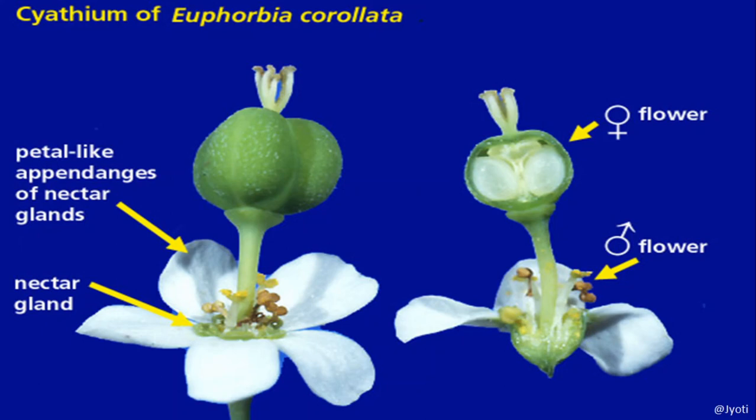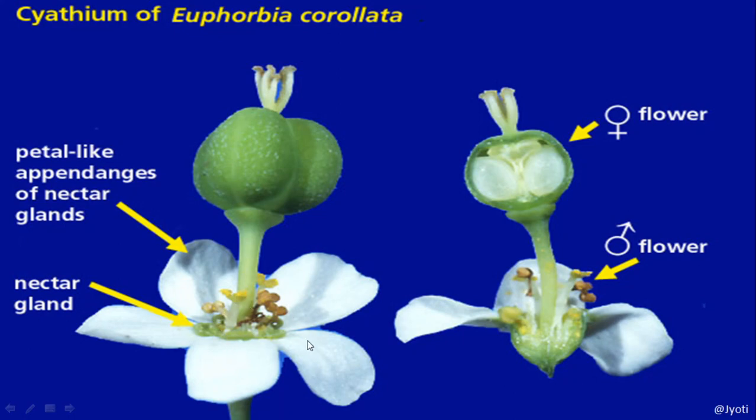Okay, so let me show you the picture. Here you can see this is the peduncle, then this is the bract which forms the involucre. They are present in a whole. Then you can see that at the center the female flower is present and at the periphery the small male flowers are present.